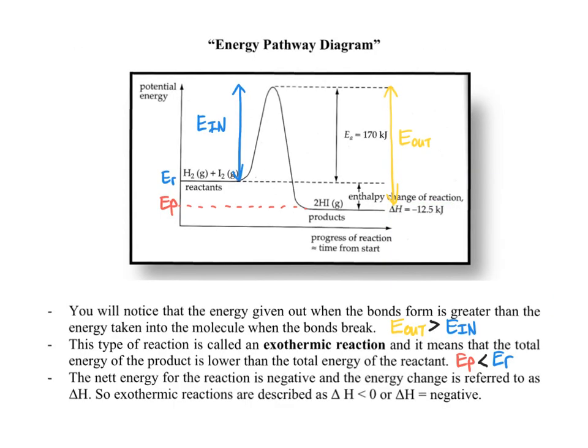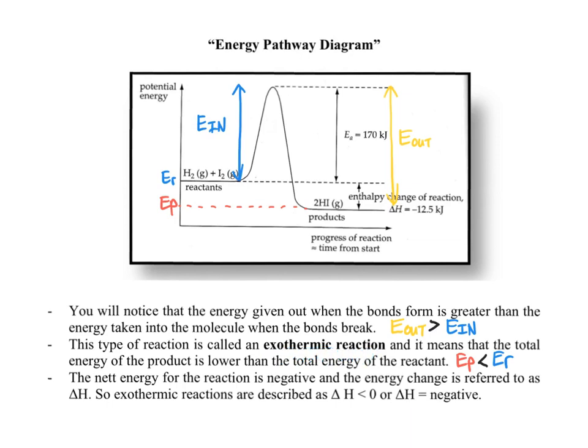So looking at this energy profile in more detail, we see that for hydrogen and iodine reacting to produce hydrogen iodide, firstly, the energy given out is greater than the energy taken in. So what that means is more energy is given out than taken in, and therefore we call this an exothermic reaction.